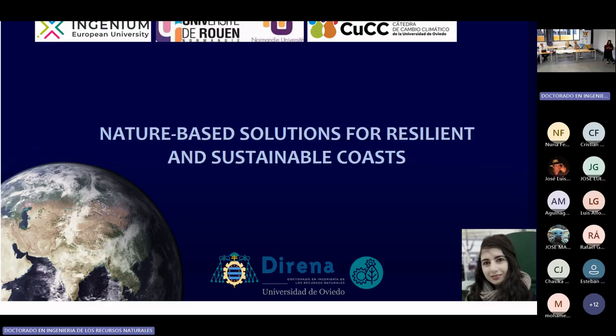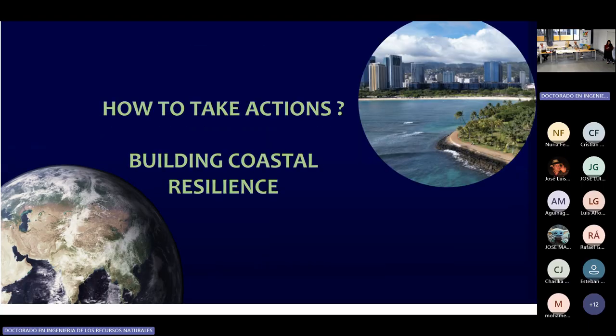of coastal areas. Okay, so how can we take actions to overcome such problems, the natural impacts of hazards in a coastal area? So how can we build resilience?